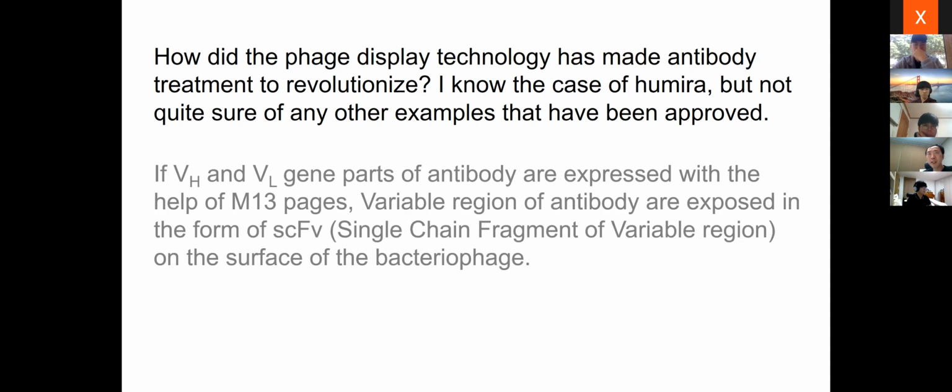Phage display is mimicking antibody generation, but much easier. And last year they got the Nobel Prize in chemistry in this field. This is quite important and also an interesting topic. This is so-called biopanning or molecular evolution and antibody-like strategy. So I would recommend one of you take this topic and make it an interesting presentation. Okay.